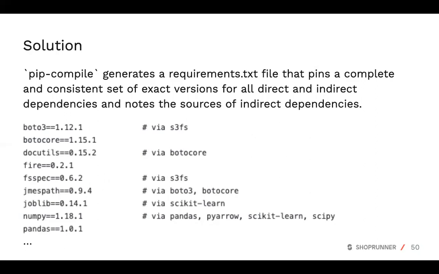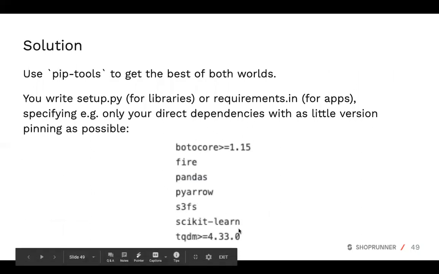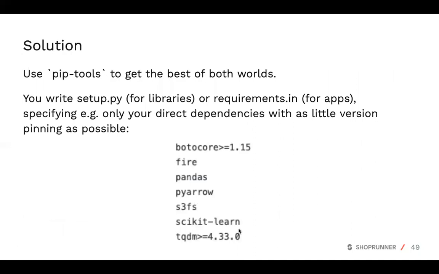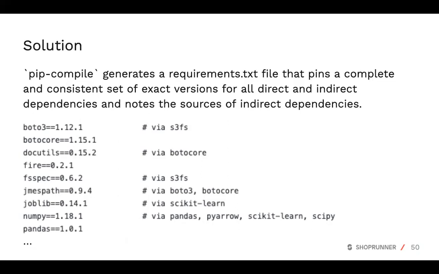So now you have the best of both worlds, right? You get to write the simpler thing that's easier to update. When you need to upgrade these dependencies, you just run pip-compile again, and then you get this fully specified thing that, as long as you test it, you can ensure this set of dependencies will work.